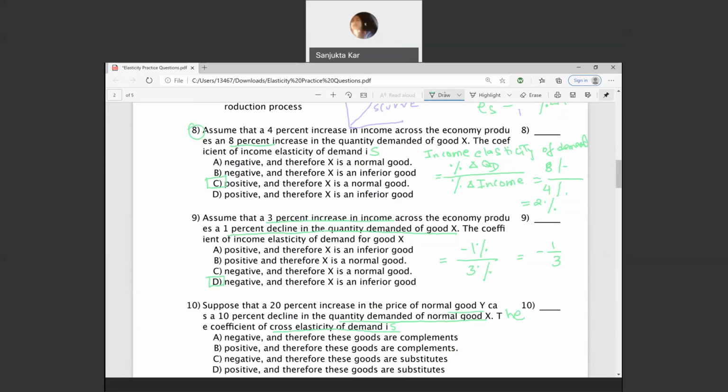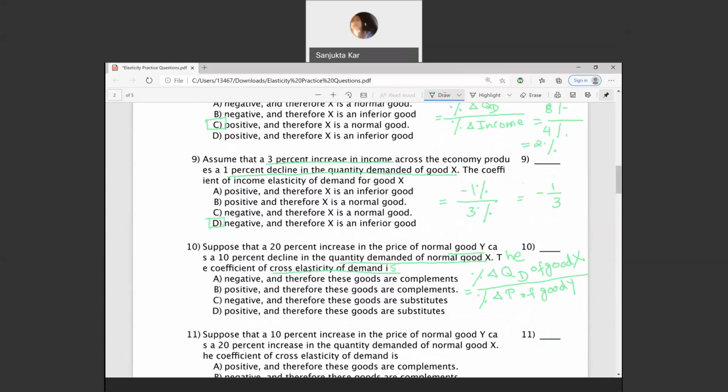This is going to be equal to percentage change in quantity demanded of good X over the percentage change in price of another good, that is good Y. Now here percentage change in quantity demanded of good X is negative 10% and percentage change in price of good Y is positive 20%. So I have this value as negative half.